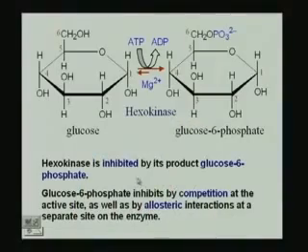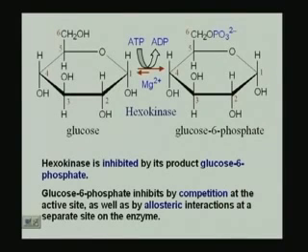And then the ATP is positioned in such a manner that it forms glucose 6-phosphate. But if glucose 6-phosphate inhibits hexokinase, then it will either inhibit by sitting at the active site itself, or it could inhibit at another position where it could affect the active site so that the substrate cannot bind.